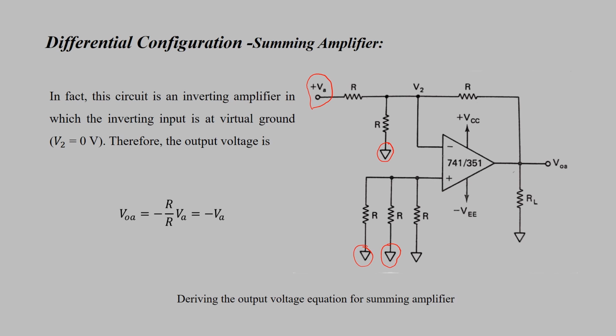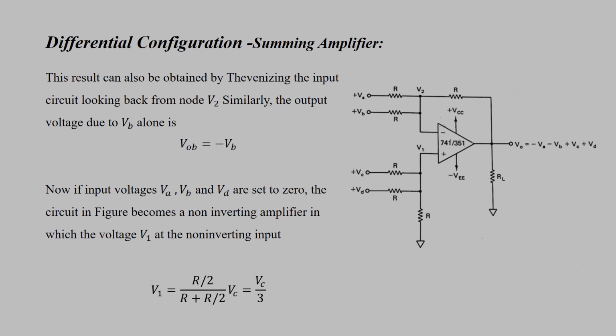Now V2 is at virtual ground, therefore VOA, that is the output voltage because of A, will be minus R by R into VA, that will become minus VA. Similarly, the output because of the input VB will be VOB equal to minus VB.